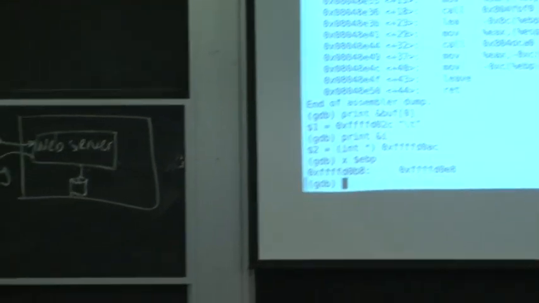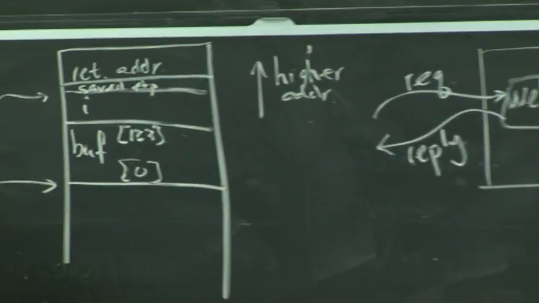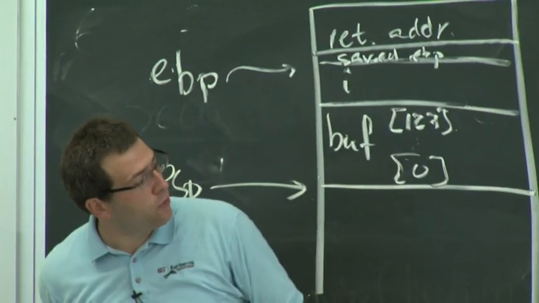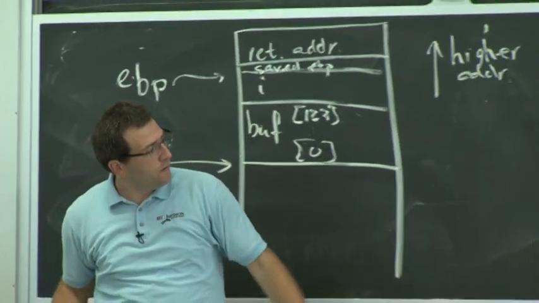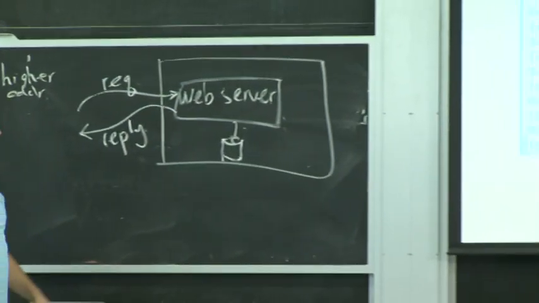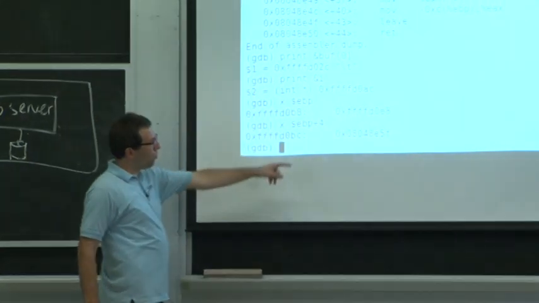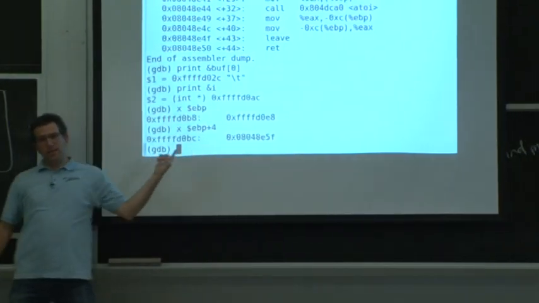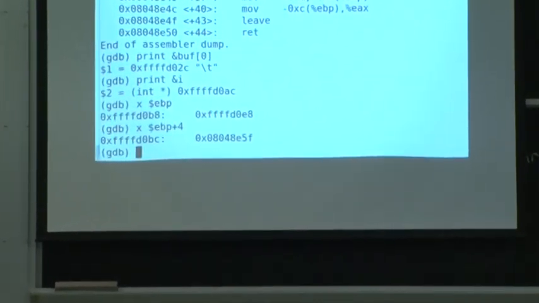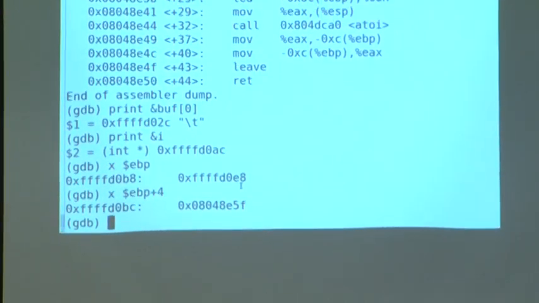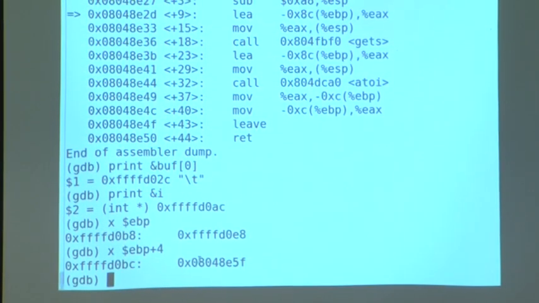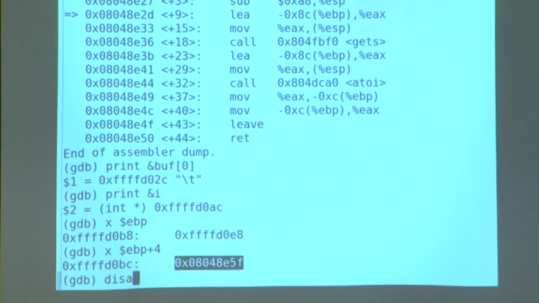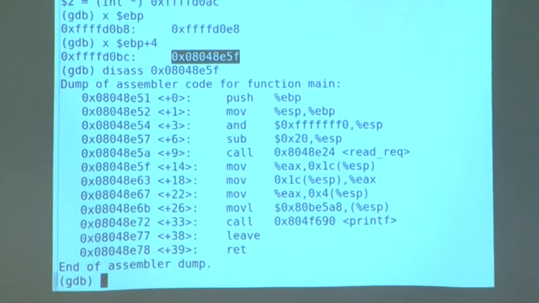But then one more memory location up is going to be the return address. So if we print EBP plus 4, there's something else there, 0x08048E5F. And let's see where that's pointing. This is something you're going to do a lot in the lab. You can take this address and try to disassemble it. So what is this guy?